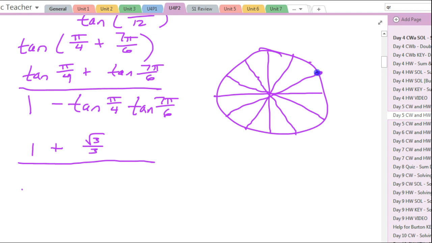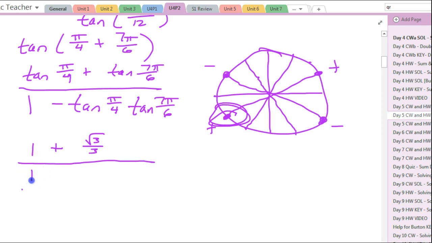Okay, so I have these 4 angles to consider that all have a reference angle of pi over 6. 2 of them will be positive and 2 of them will be negative. Okay. Well, actually, I don't care about all those. The 7 pi over 6 is in this quadrant right here, so that's going to be positive.